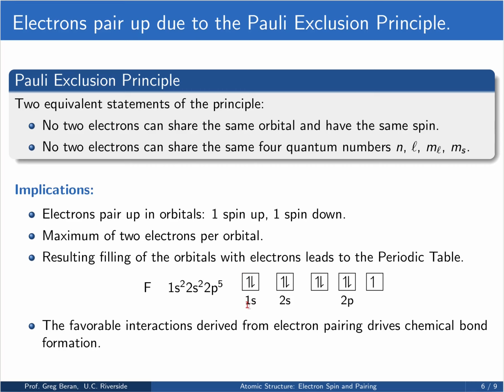We have to spread them out because of Pauli exclusion. And so that's what leads to this sort of filling, and we'll see that it leads to this structure of the periodic table. It also turns out that the favorable interactions derived from electron pairing are what drive chemical bond formation, as we'll see later on in the course.